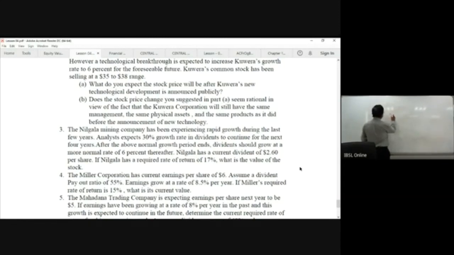We can say G1 is 30%, K is 17%, D0 is 260, and G2 is 6%. The high growth period is 4 years.